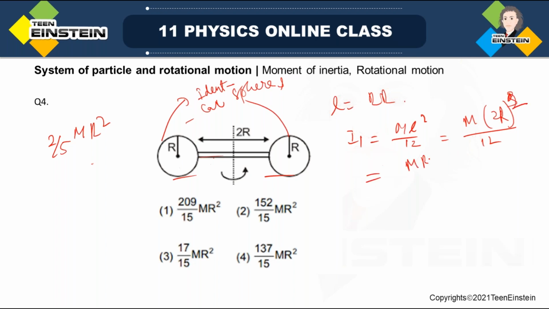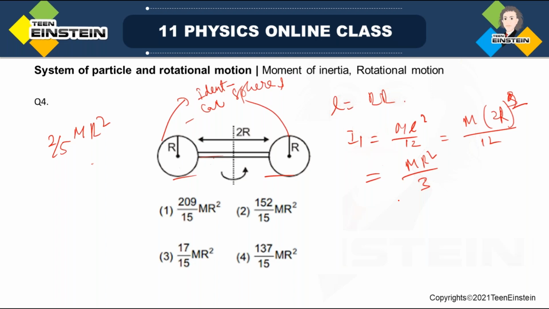So m r square by 3. Okay, this is the moment of inertia of the rod. Now you have to combine them.